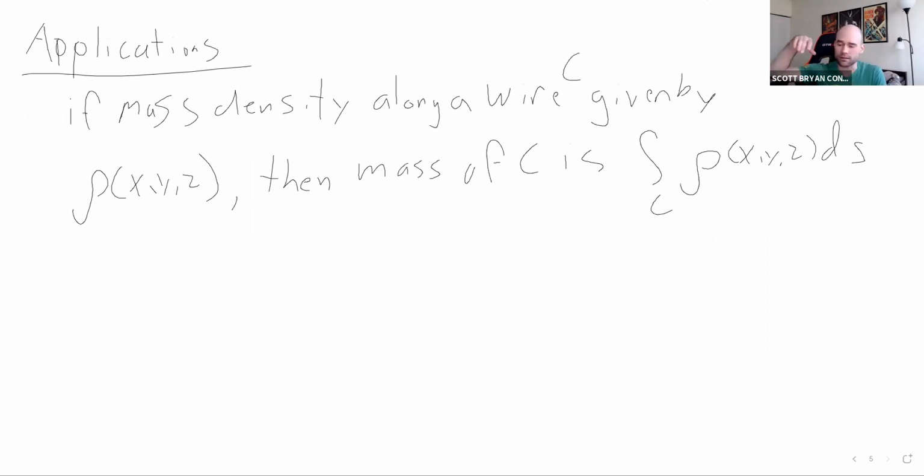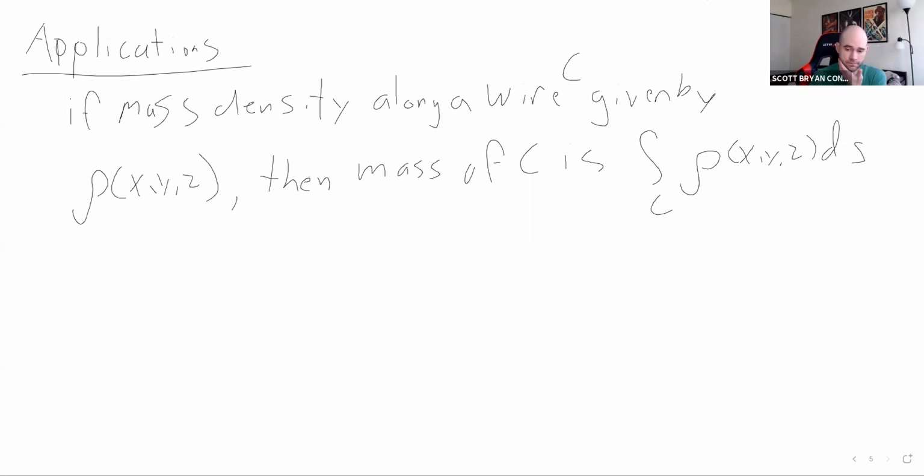Arc length, line integrals we can also compute in R2, as we'll see in the example we'll do in just a second. The way we calculate it works exactly the same way. We parameterize now by a vector function, but it's going to be a 2-dimensional vector, x of t, y of t. And then you just replace ds with magnitude r prime t dt. It works out exactly the same way.